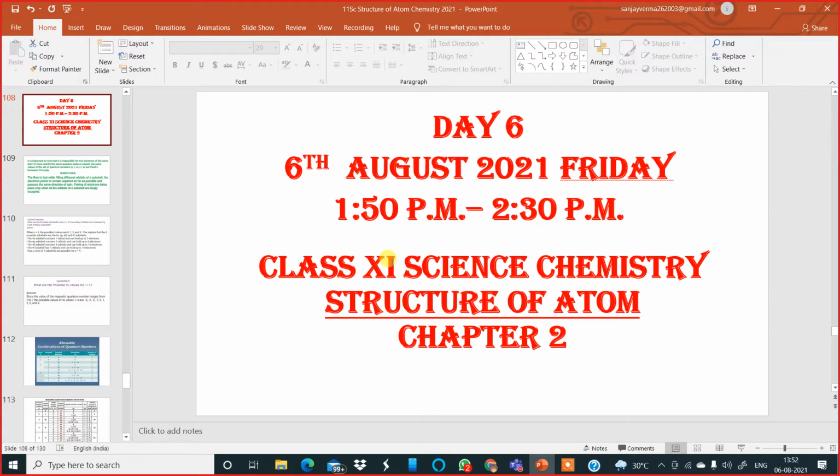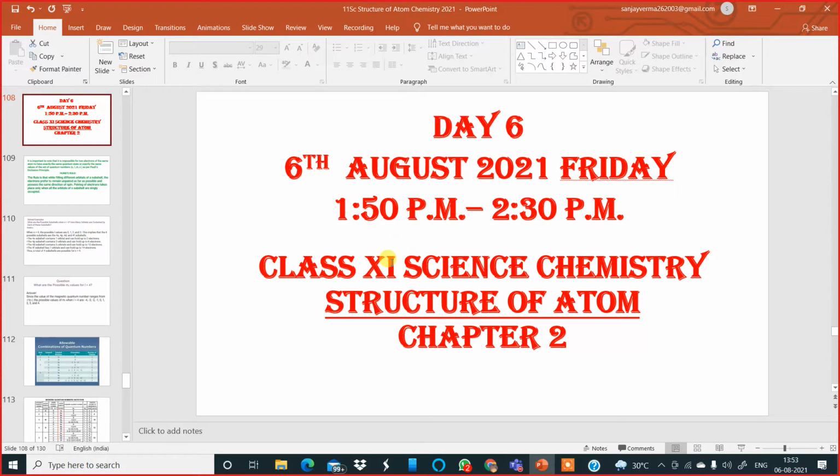Now, in the previous class, I have explained very nicely the concept of quantum numbers, which were an outcome of the solution of the Schrodinger wave equation following higher mathematics. The quantum numbers are n, l, m, and s. N stands for the principal quantum number, l for the azimuthal quantum number, m for the magnetic quantum number, and s for the spin quantum number.